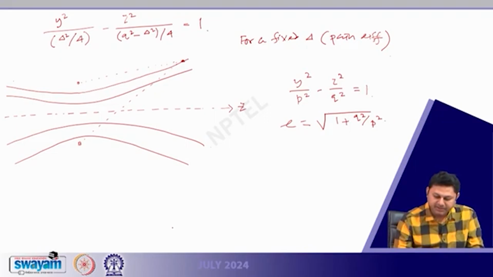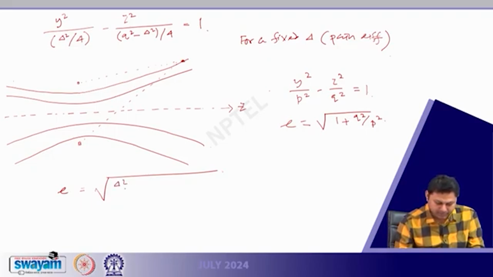In this case, if I compare this equation to this equation, then my e comes out to be root over delta square by 4 plus a square minus delta square divided by 4, into 1 divided by delta by 2.